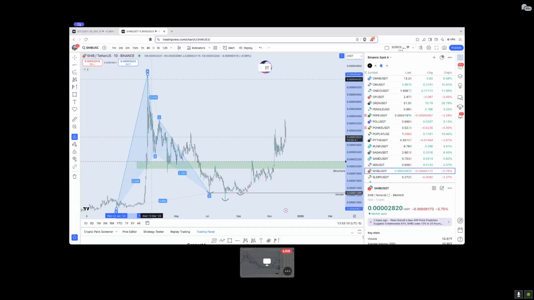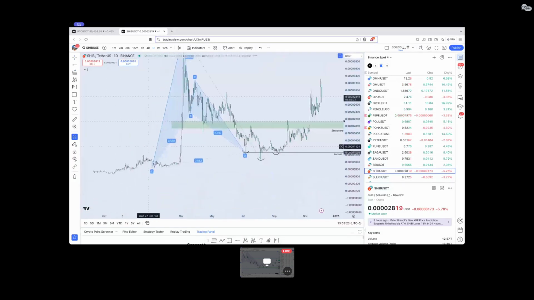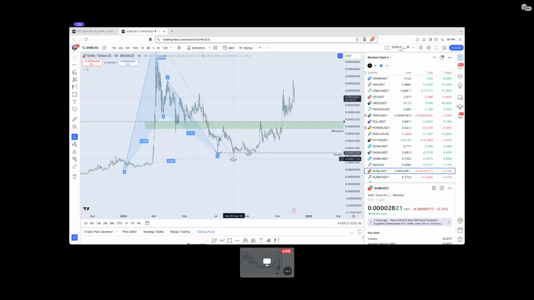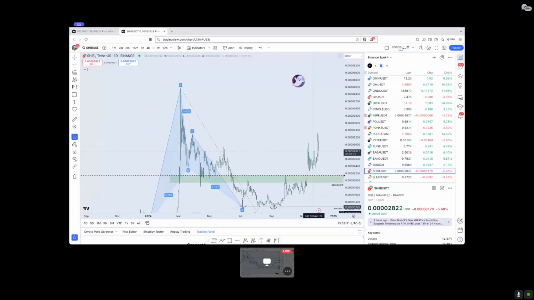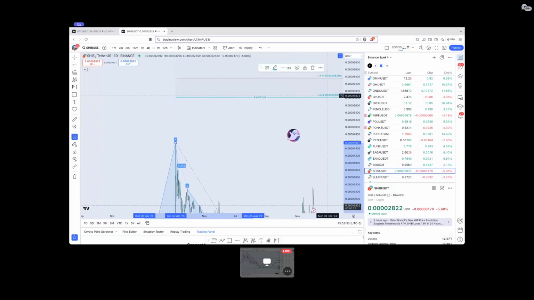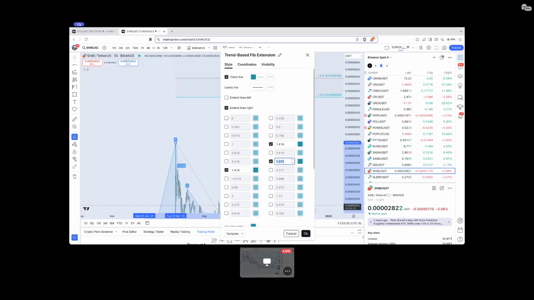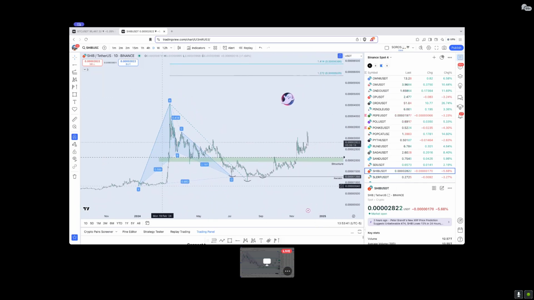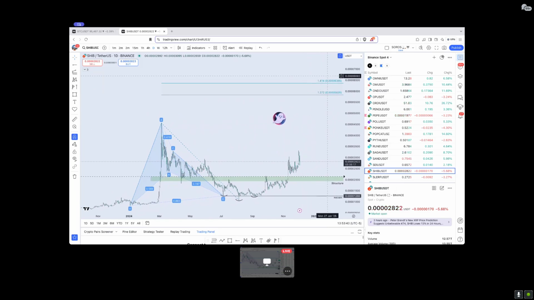I basically anchor to the swing high, swing low, swing high, then your higher low or your swing low. So swing low, swing high, swing low, and then project out to these fibs, 1.414, 1.272, sometimes 1.618. So for trend based, if you have a strong trend, usually I find they go for these two.